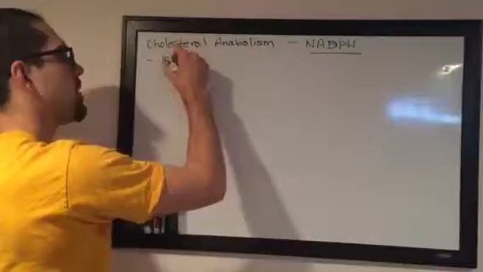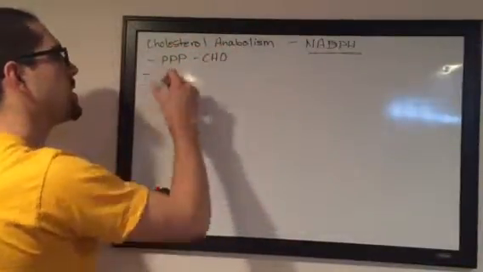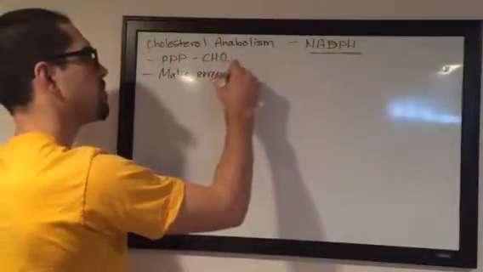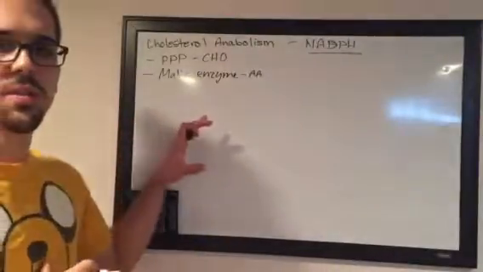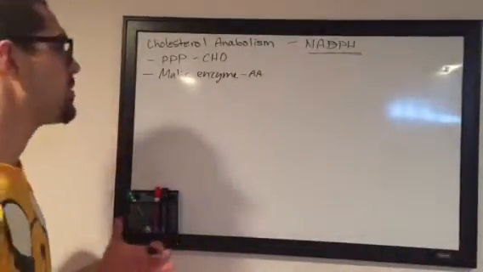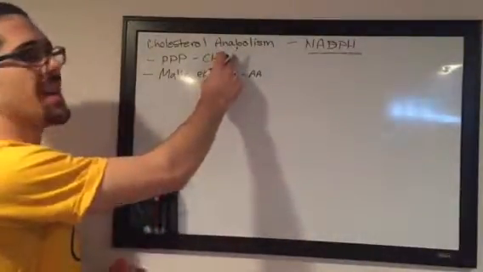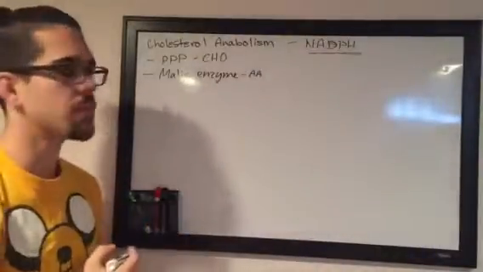That is the pentose phosphate pathway in the case of carbohydrates, and that is malic enzyme in the case of amino acids. When we're making cholesterol, we have an excess amount of energy. If that excess energy is from carbohydrates, we have glucose 6-phosphate to run the pentose phosphate pathway. We'll get our NADPH from there.